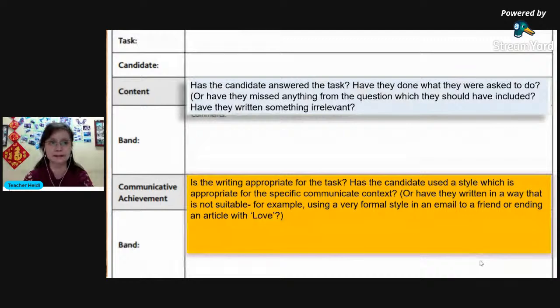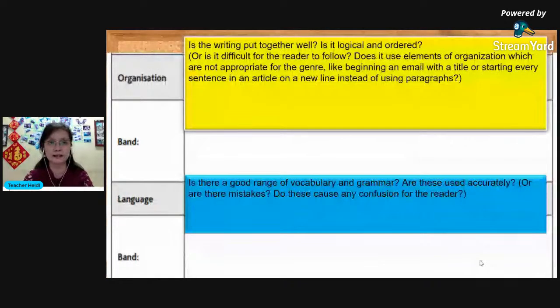So organization. For organization, you can ask yourself this question: is the writing put together well? Is it logical and ordered, or is it difficult for the reader to follow? Does it use elements of organization which are not appropriate for the genre, like beginning an email with a title or starting every sentence in an article on a new line instead of using paragraphs?